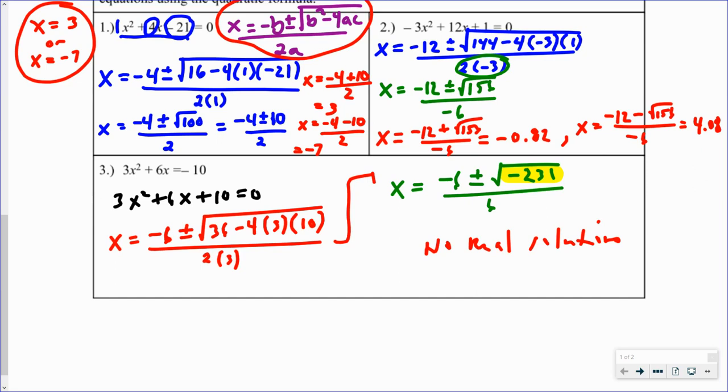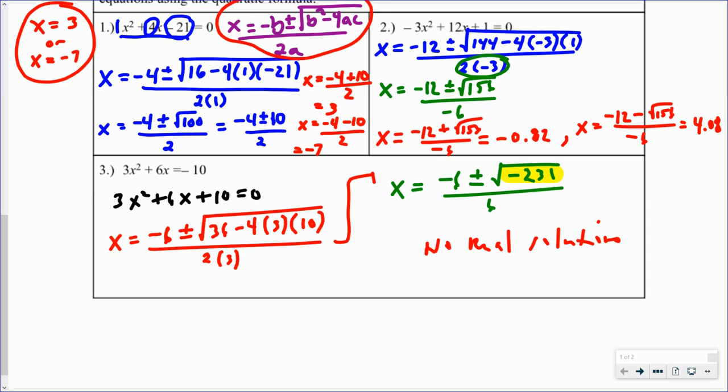All right. So here's the deal. I'm going to give you a brief overview of what this means. There is no real number that you can multiply times itself to get -231. In fact, there's no real number that you can multiply times itself to give you a negative number. If you multiply 2 positive numbers together, you get a positive value. You multiply 2 negative numbers together, you also get a positive value.